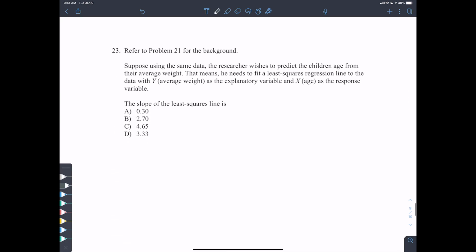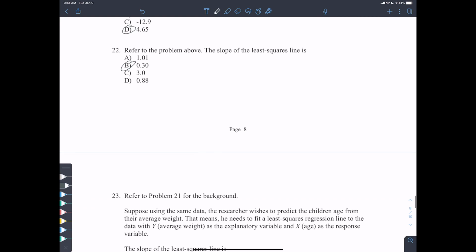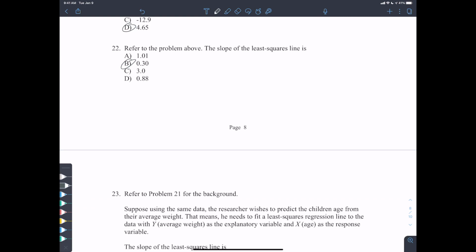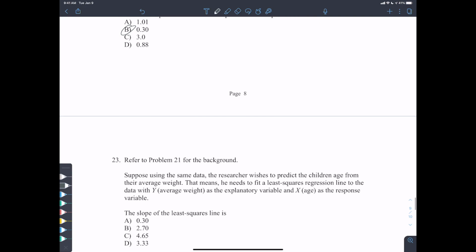23. Suppose, using the same data, the researcher wishes to predict the children's age from their average weight. This means needs to fit a regression line to the data with y as the explanatory variable and x as the response variable. So in this representation here, your explanatory variable is currently your age.